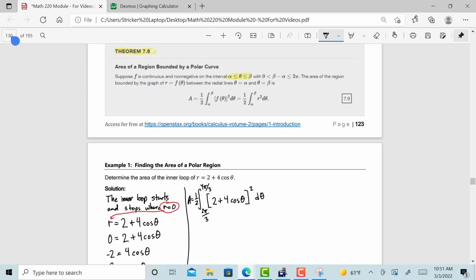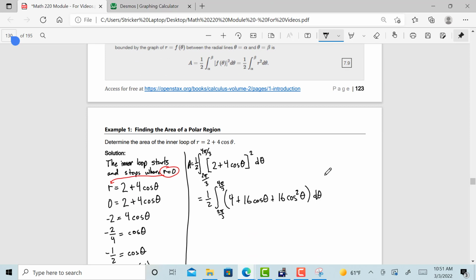Now if you actually square all that out, you get 1/2 integral from 2 pi over 3 to 4 pi over 3, and that comes out to 4 plus 16 cosine theta plus 16 cosine squared theta. I'm going to post the solution for how you finish out this problem.